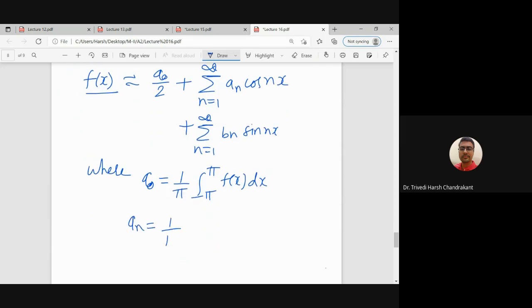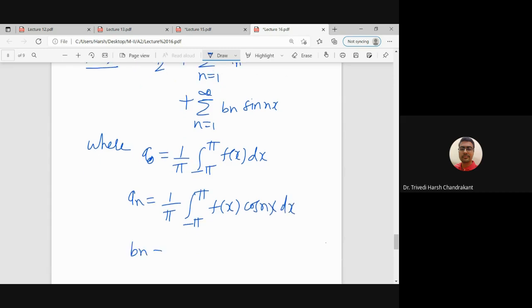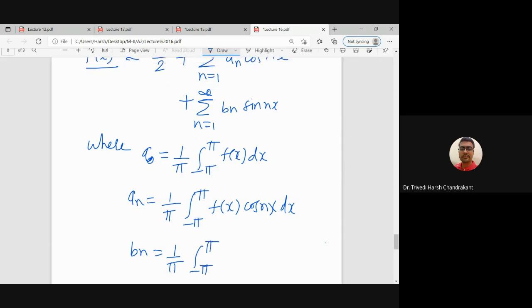an is equal to 1 by pi integral minus pi to pi f(x) cosine nx dx, and bn is defined similarly. So now the interval, instead of minus L to L, has become integral minus pi to pi f(x) sin nx dx.